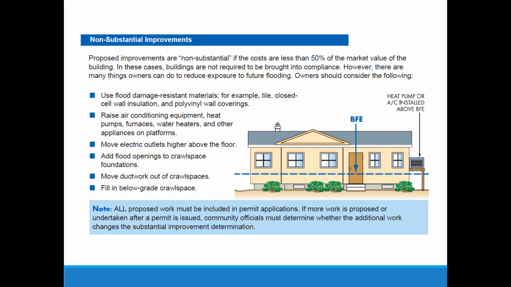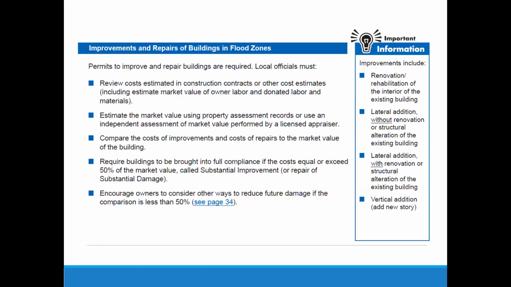Add flood openings to crawl space foundations if it didn't have that already as like a pre-firm structure or something like that. Move the ductwork out of the crawl space. Fill in a below grade crawl space. And so again, all of these have to have permits, but we are talking about non-substantial improvements. Just encouraging people to mitigate flood risk where they can.